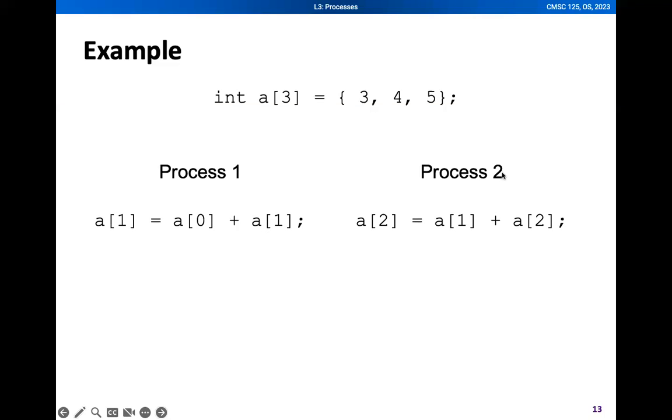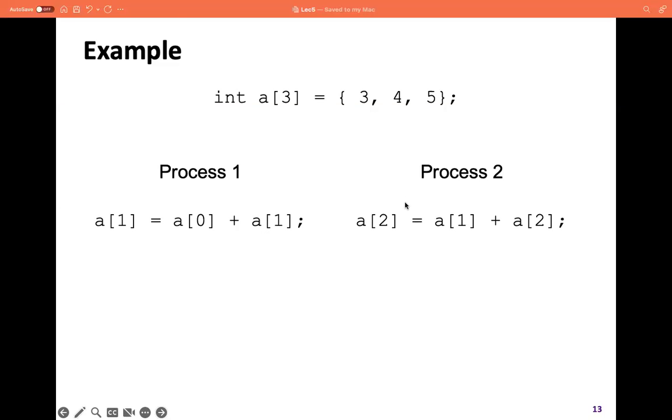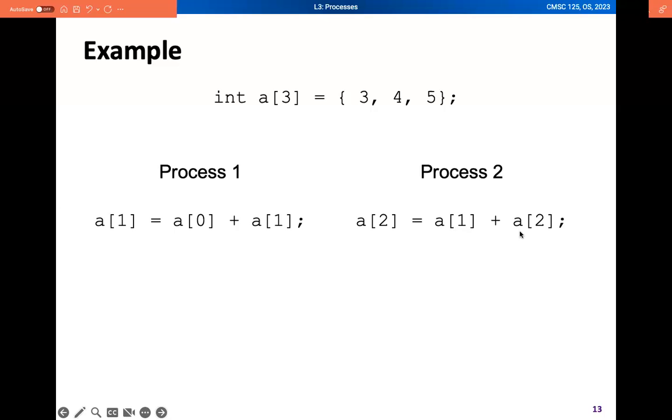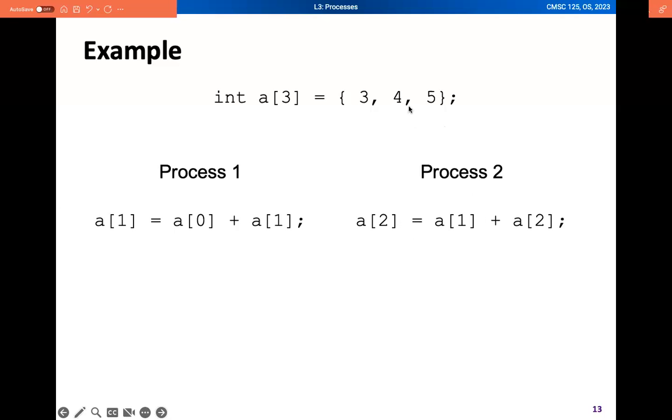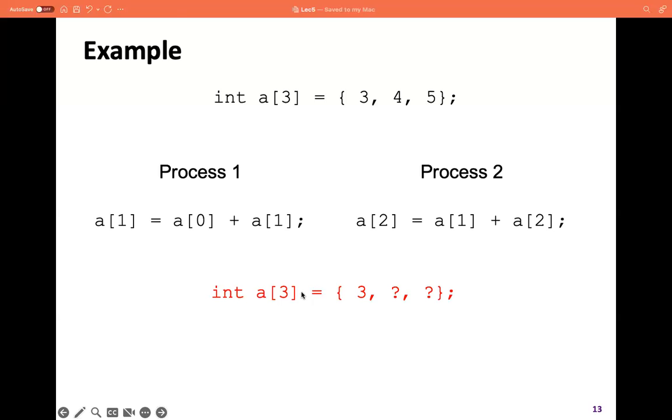We also have a process 2 with this task: A[2] = A[1] + A[2]. In this case, process 2 is adding the last two elements, 4 and 5, and storing that into A[2]. So what would be the final value of A[3]?